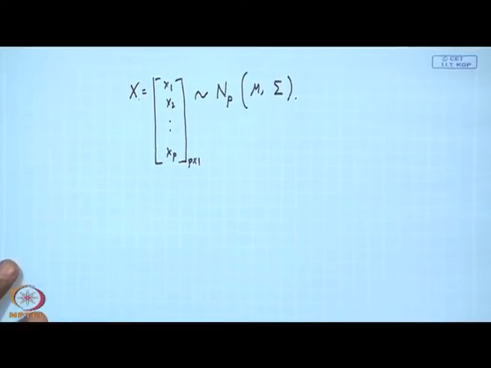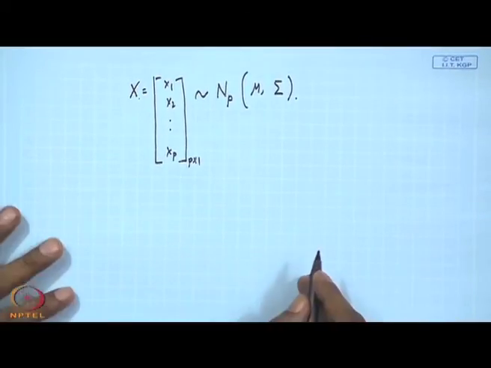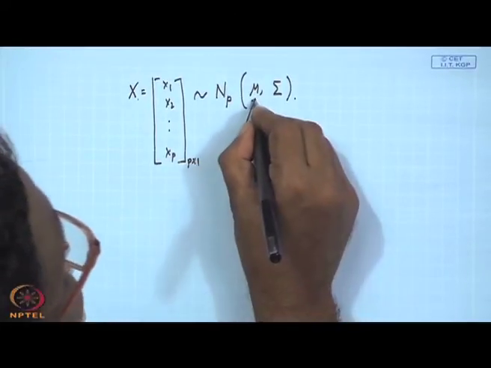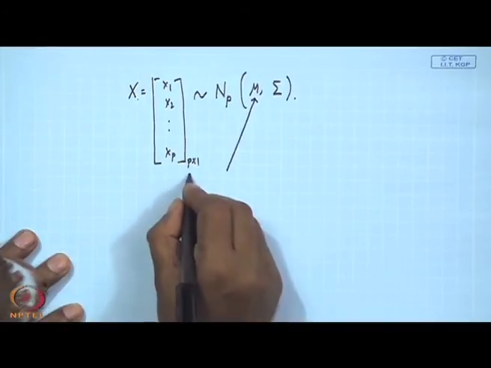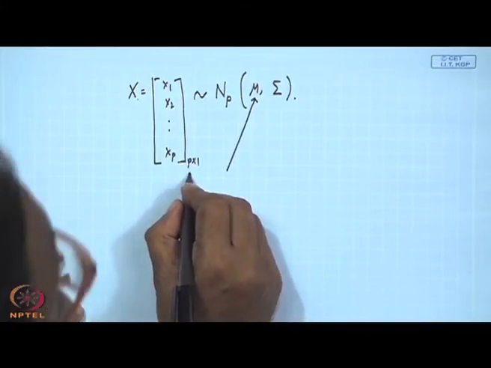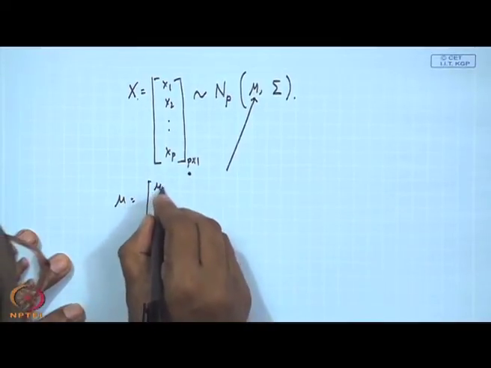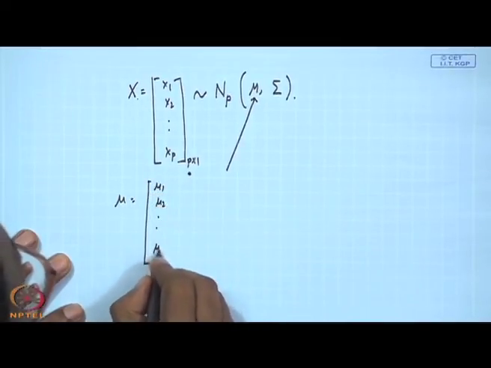You are well accustomed with the nomenclature: the mean is the mean vector. If there are p variables, then my mean is again p cross 1, that is mu 1, mu 2, up to mu p.